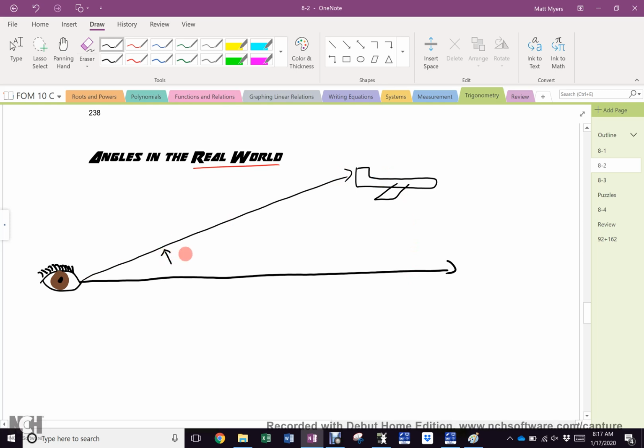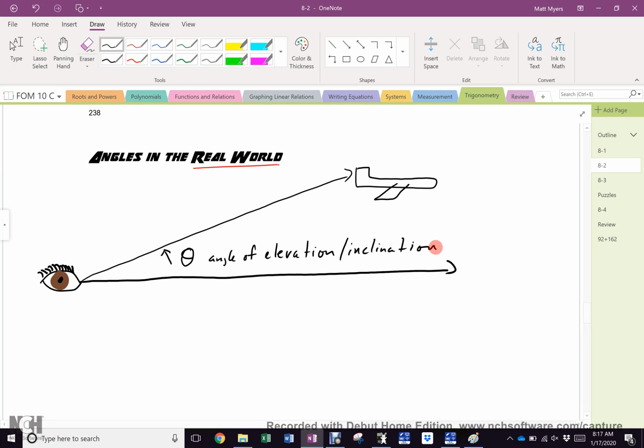This angle is called, since it's an angle we're talking about, we're going to call it theta. And it is what is called an angle of elevation, or inclination, because your eye is going up.